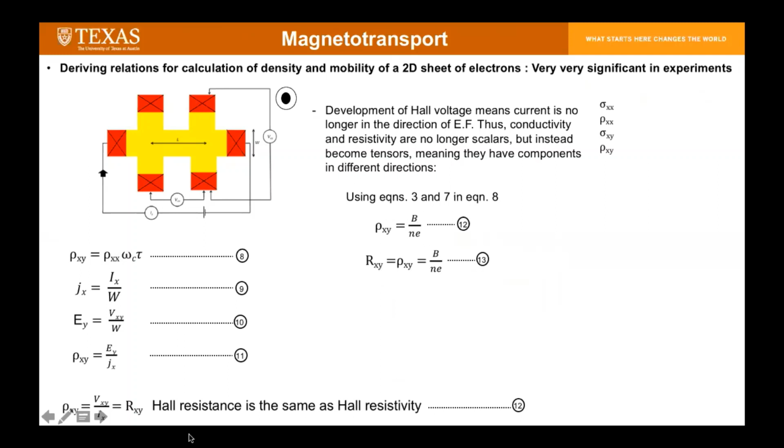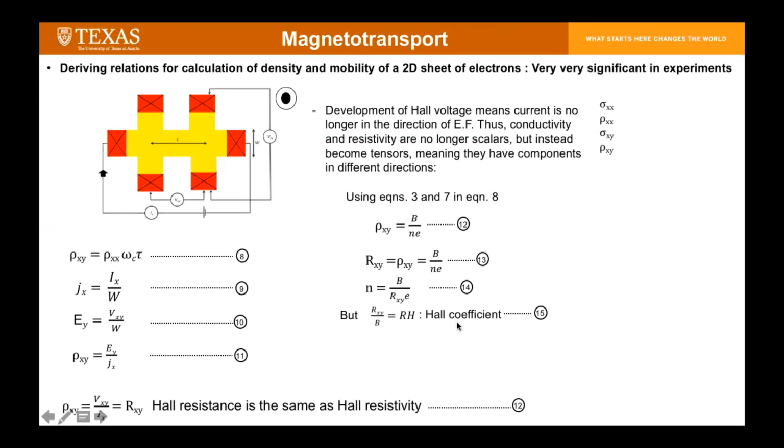Solving this further, we've just found out that the resistivity is the same as the resistance. And we've reached a very important conclusion, which is that the density of the charge carriers is inversely proportional to the Hall resistance. So we define a factor here called the Hall coefficient, which is just the ratio of Hall resistance and the B field.